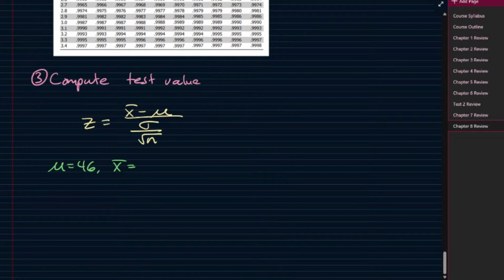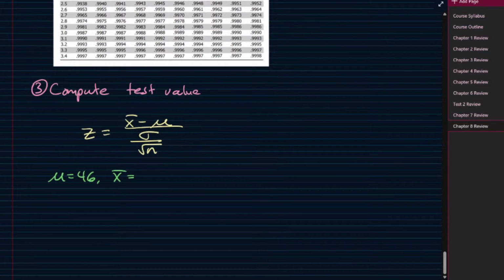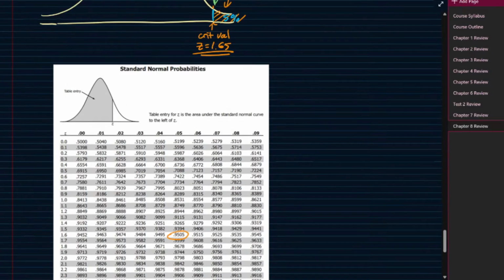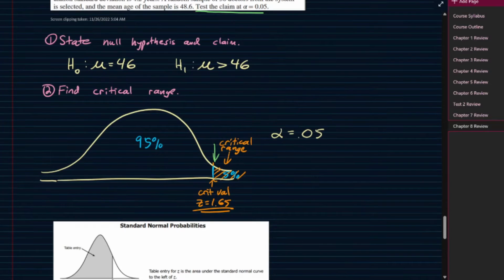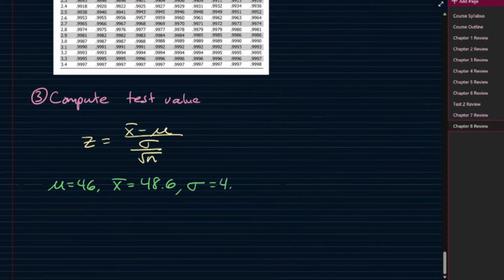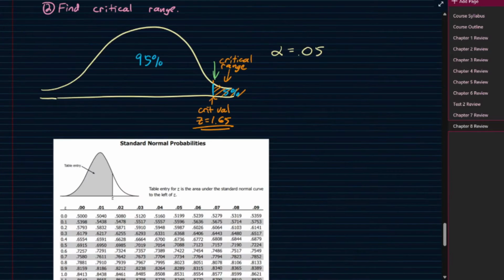Remember, x bar is the mean of the sample. So a random sample of 30 doctors had a mean of 48.6. That's x bar, 48.6. We also need to know sigma, the population standard deviation, which is 4.2 years, they tell us. And n, the number of people in the study, that's 30.